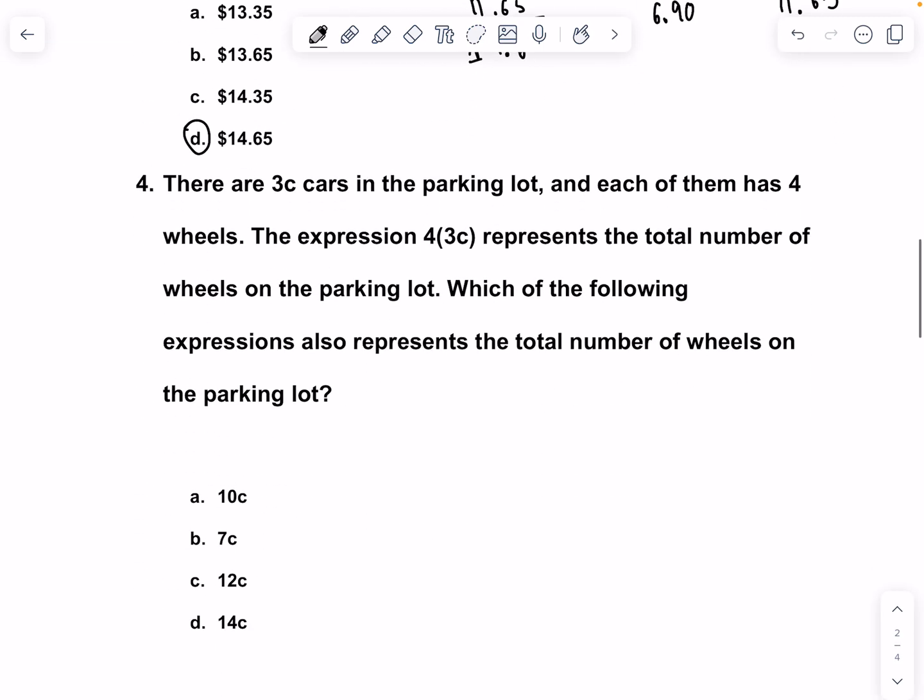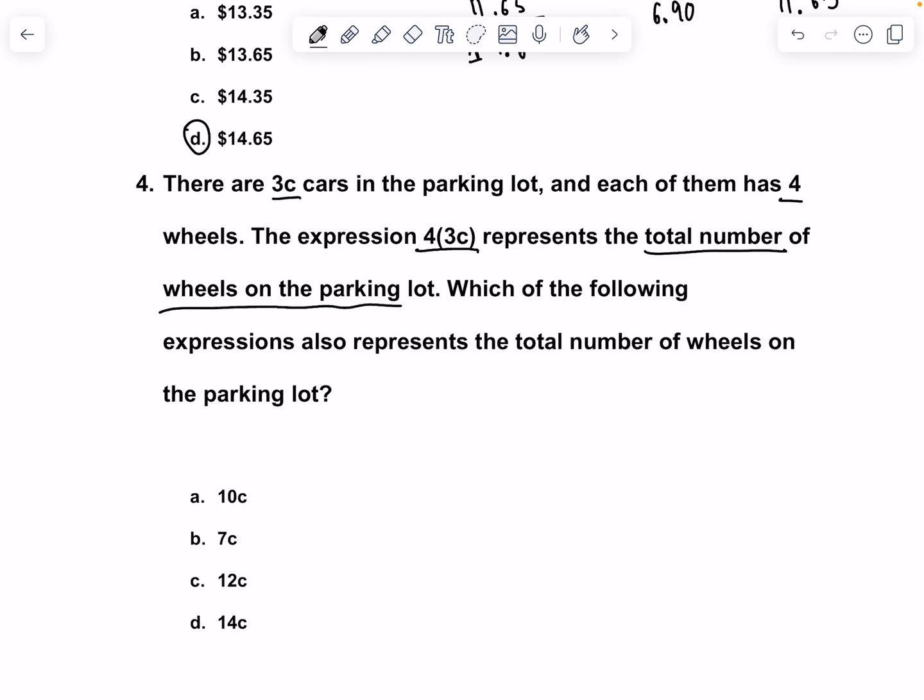Okay. Number 4. It says there are 3C cars in the parking lot and each one of them has 4 wheels. The expression 3C represents the total number of wheels in the parking lot. Which of the following expressions also represents the total number of wheels in the parking lot? So basically, 4 times 3C represents the total number of wheels.